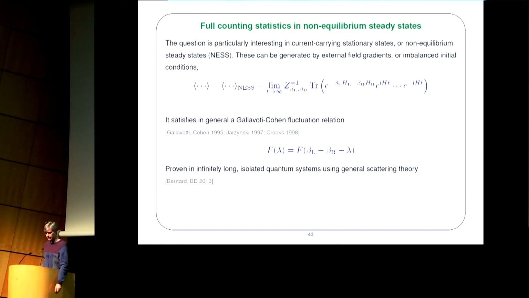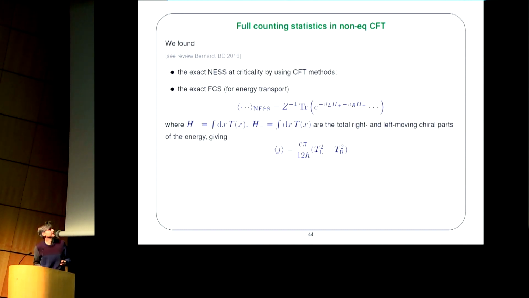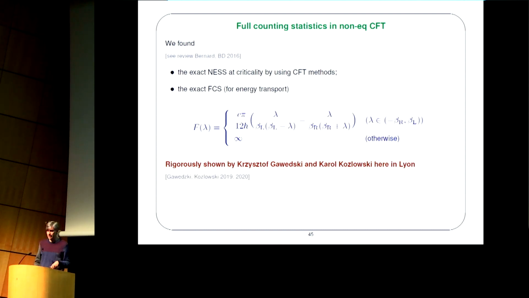Now we've looked at that with Denis Bernard in conformal field theory, where we constructed the exact non-equilibrium steady state, which is relatively simple, which is just a thermalization of right and left movers independently. And we've obtained an exact formula for this full counting statistics.